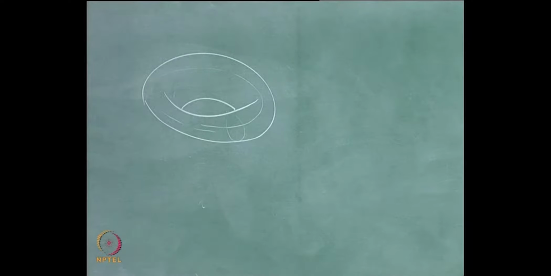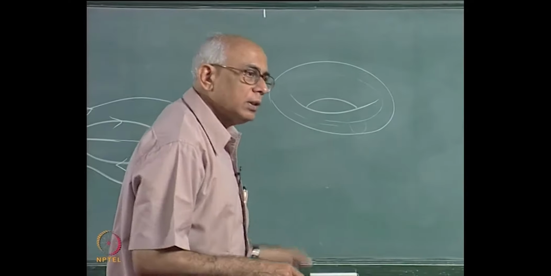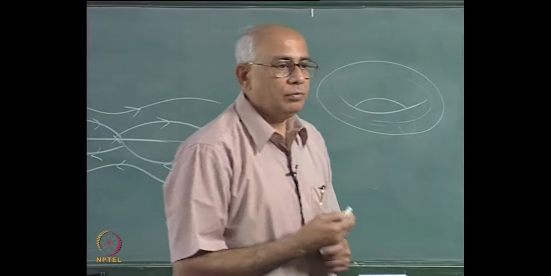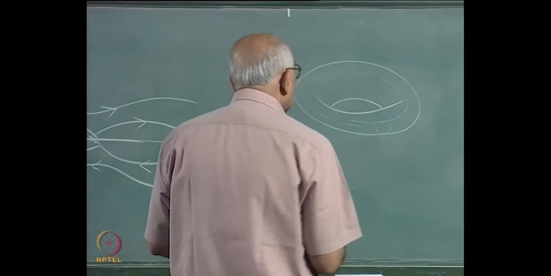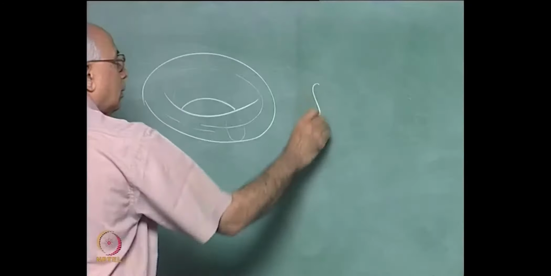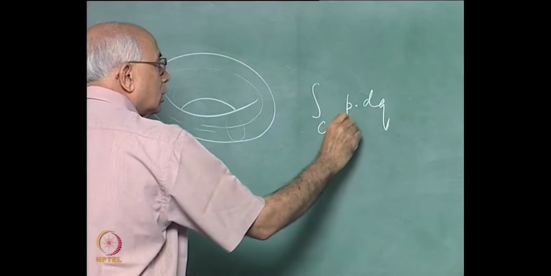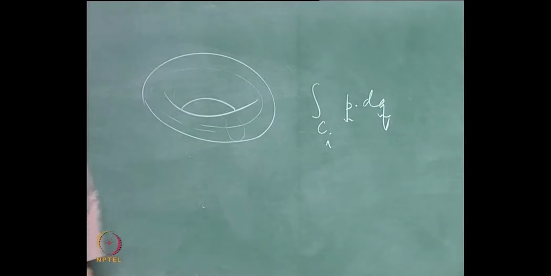So that is the way quantization is done for systems, and the semi-classical quantization is done for systems with more than 1 degree of freedom. So you would compute for each of those cycles, let me call them C sub I, you would compute p dq, and of course these quantities would be vectors in general. So you would compute this, and that would be the corresponding action.